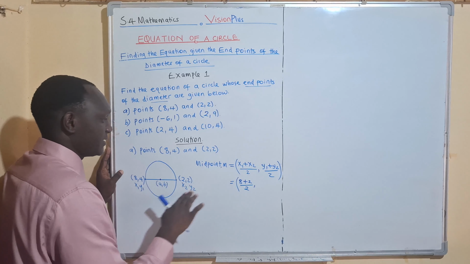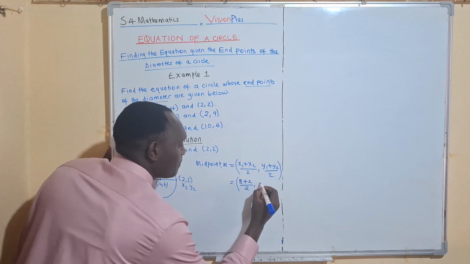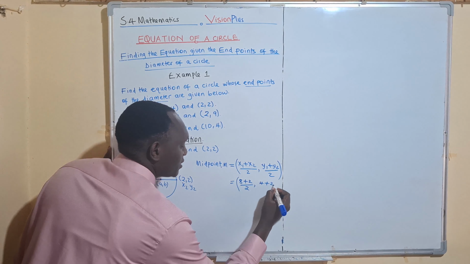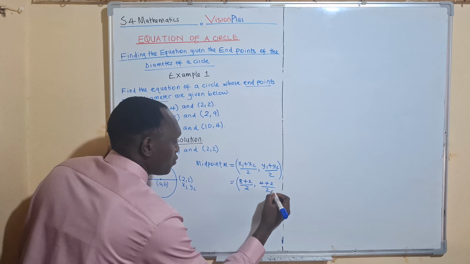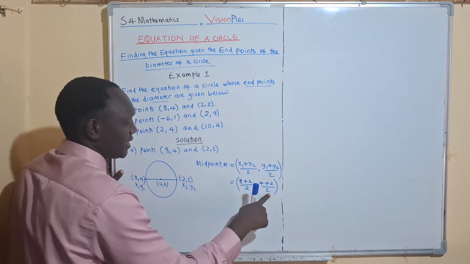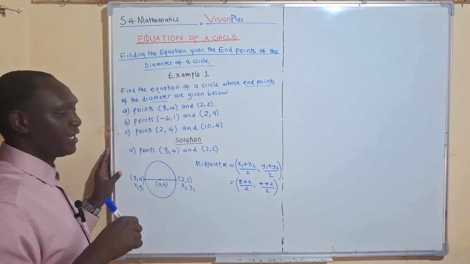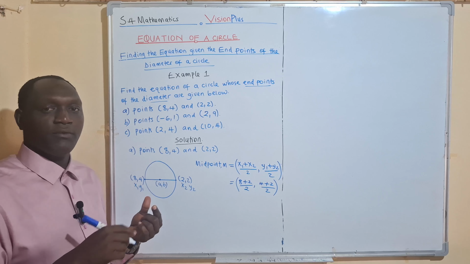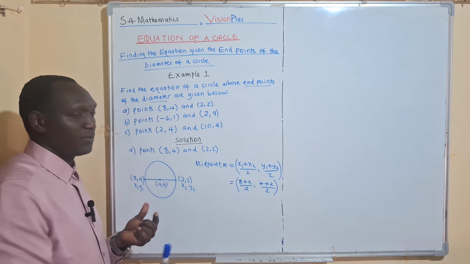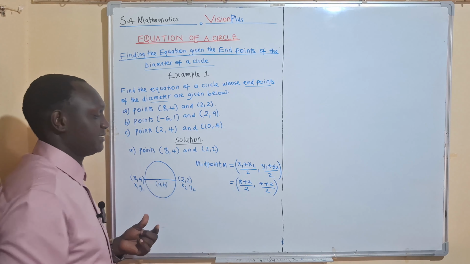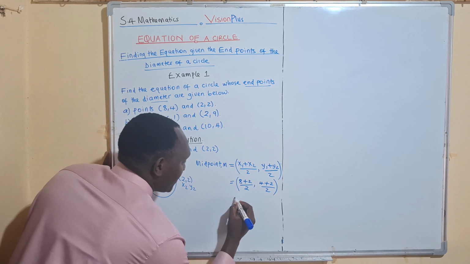And then going to the second part, y1, which is 4, plus y2, which is 2, out of 2. This 2 is for the formula. You shall always be dividing by 2, so that you get the midpoint on the x-axis and the midpoint on the y-axis. Then you add and divide by 2.